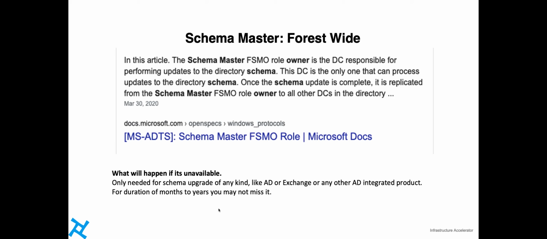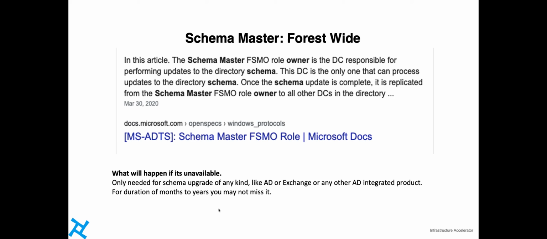When such activities occur, which is again very rare, it's not that you are going to upgrade the schema every day. That is the time when the schema master FSMO role owner domain controller should be available.